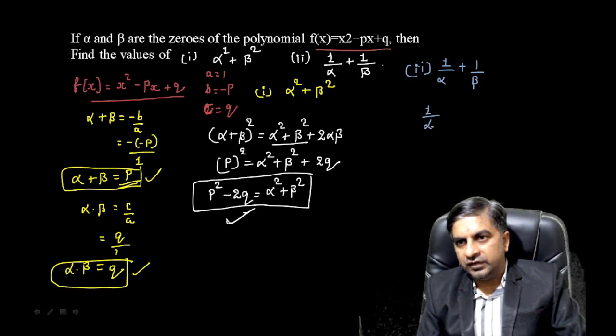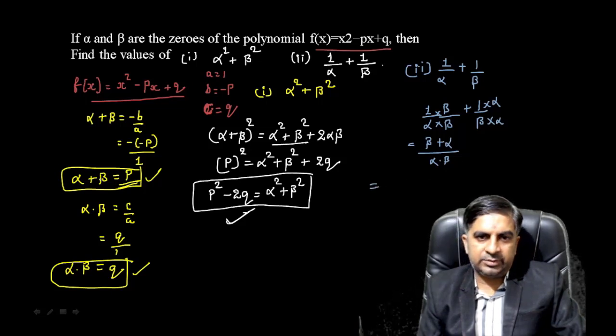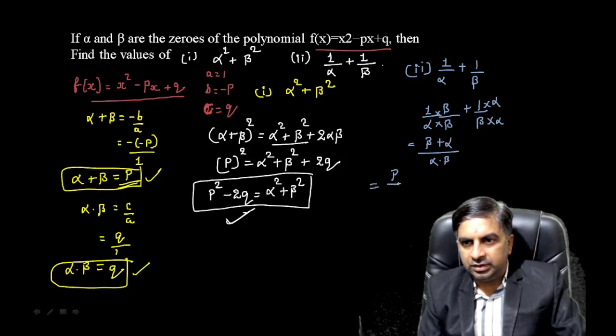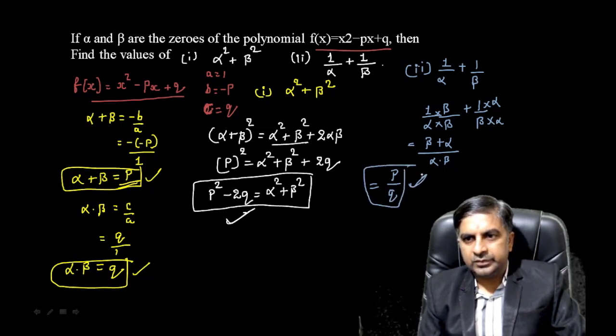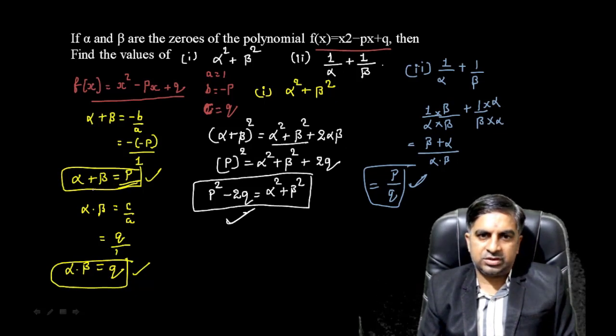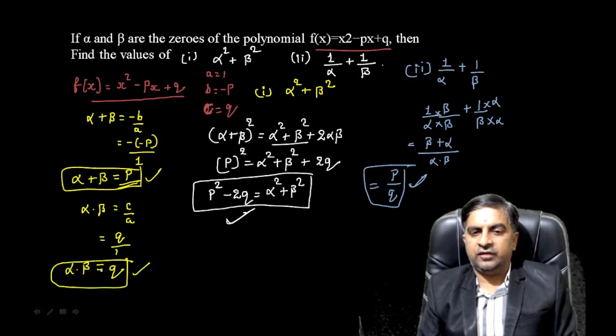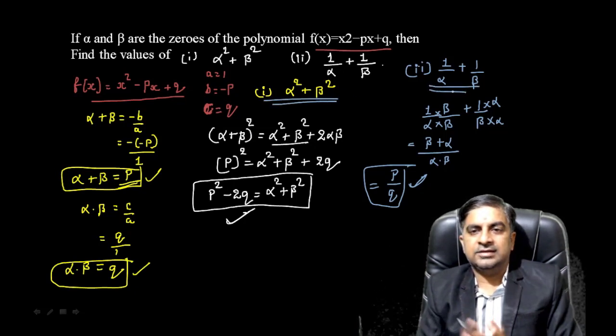So 1 by alpha into beta, and beta here, 1 by beta is there, so into alpha. So what will happen? In the numerator you will get beta plus alpha, and in the denominator you will get alpha into beta. Okay, simple. Now you know alpha plus beta is p, so p in the numerator, alpha into beta is q, so q in the denominator. This is your answer. Okay guys, so every time first you just need to find out alpha plus beta and alpha into beta, and by different ways you will get the answer.